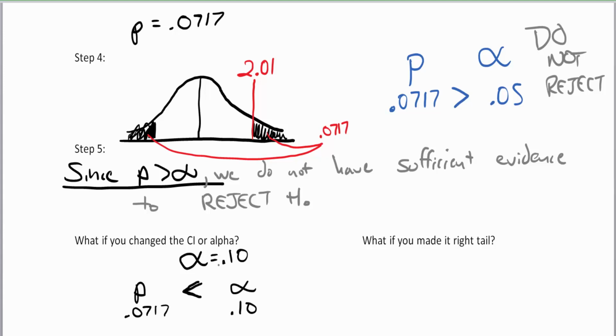This is a very clever way of making a different conclusion just by messing with the alpha. So be aware that statisticians can do that. We can mess with the alpha to get the result that we want. Now, it's really hard to do if your data isn't already pretty far away from 0.